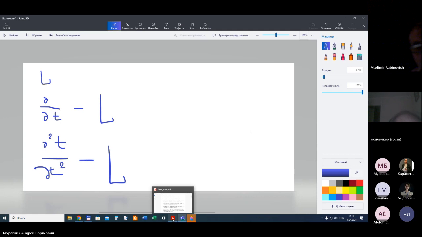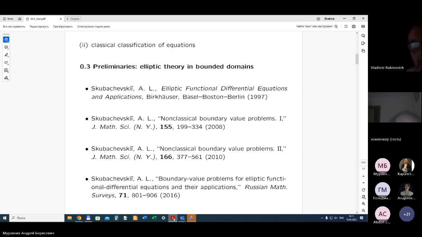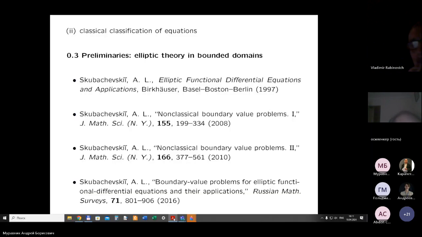Now, I have to say that the general theory of elliptic differential difference, and even more broadly, elliptic functional differential operators in bounded domains is developed very deeply and very well.